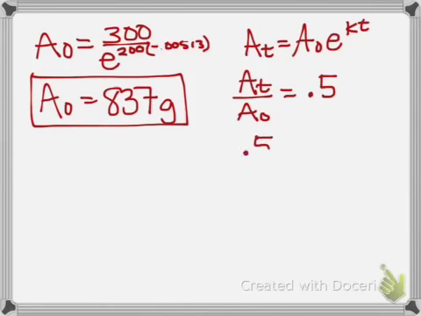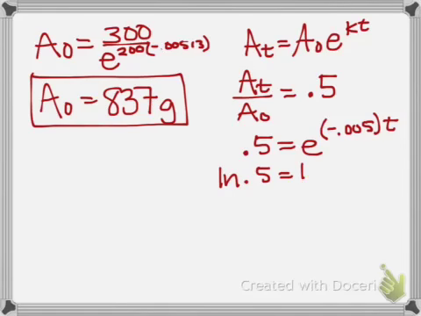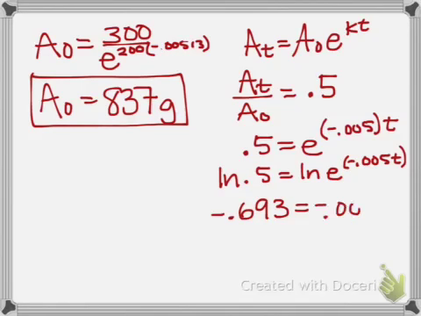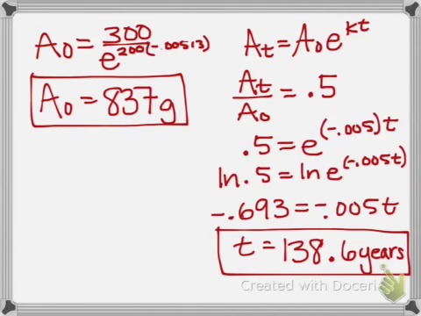So we'll just take that and plug it into our equation. 0.5 is equal to e to the negative 0.005t, and then we can take the natural log of both sides, and we get negative 0.693 is equal to negative 0.005t. So t is equal to approximately 138.6 years.